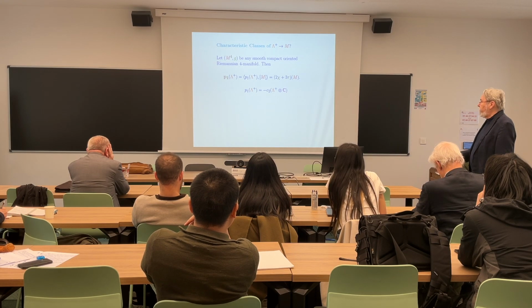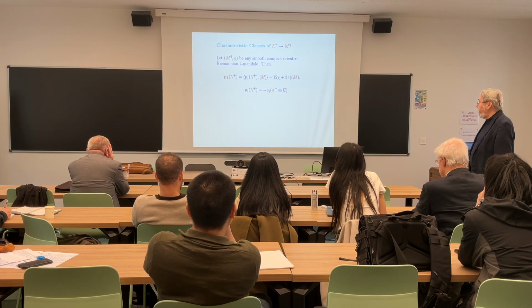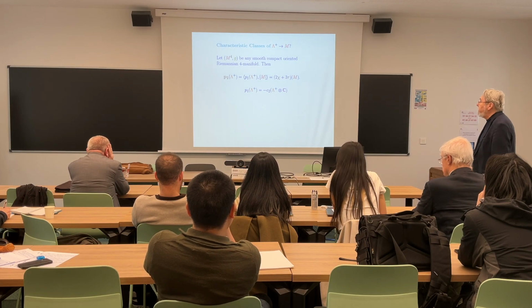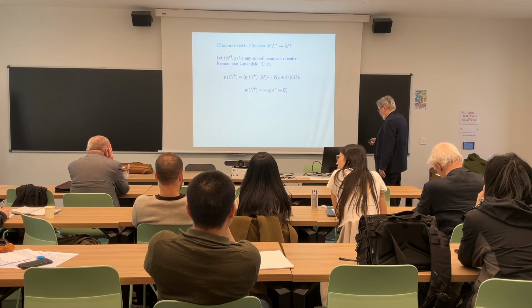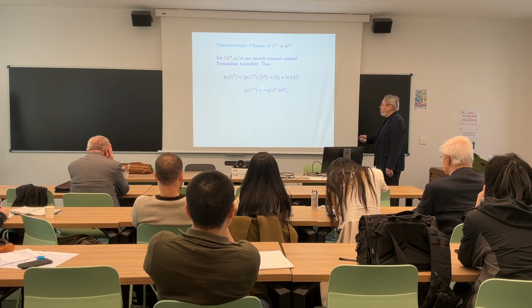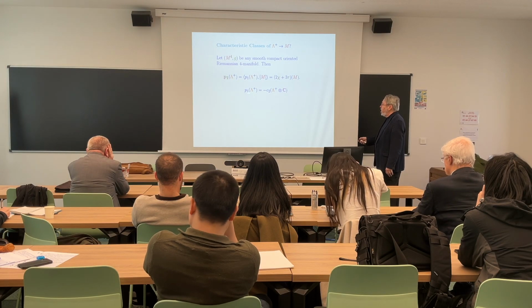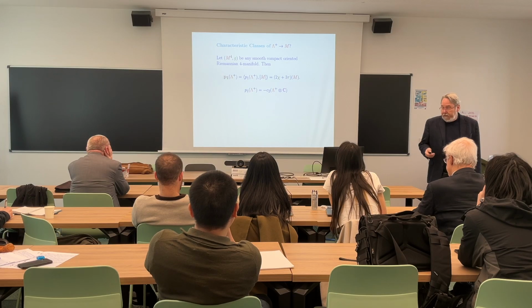In general, the Pontryagin classes of a real bundle are obtained by tensoring the bundle with C, taking its even Chern classes, and then alternating signs. So up to a sign, the Pontryagin classes are the same as the even Chern classes.